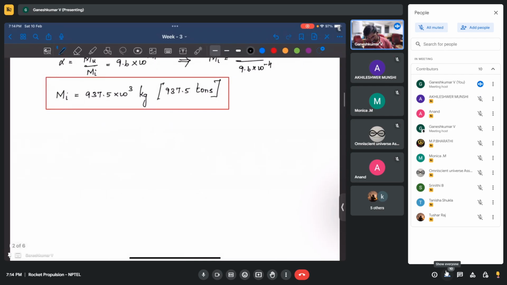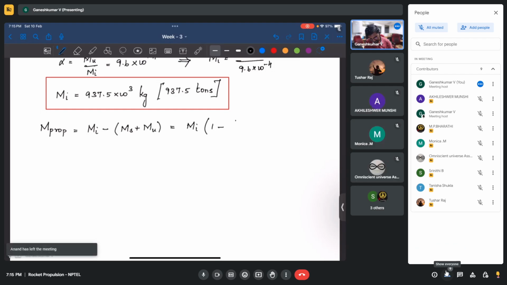Now, let's say if I want to calculate the propellant, how can I write propellant mass? Propellant mass, I can write it as Mi minus the structural mass plus the payload mass. I can write it like this, right? This also I can write like Mi into 1 minus (alpha plus beta).